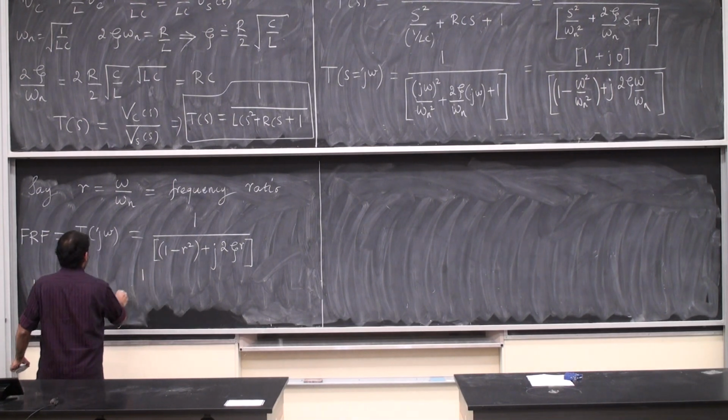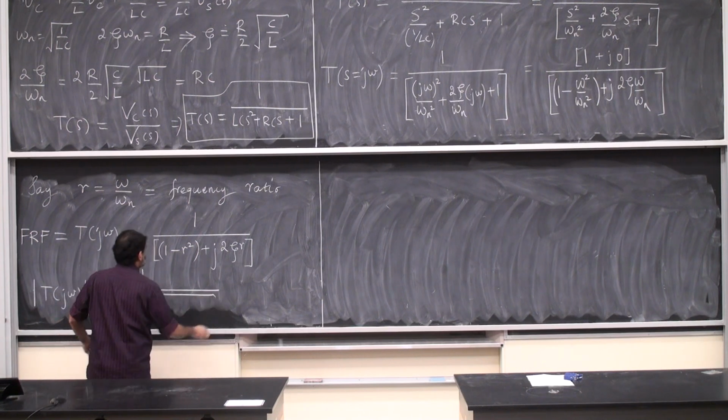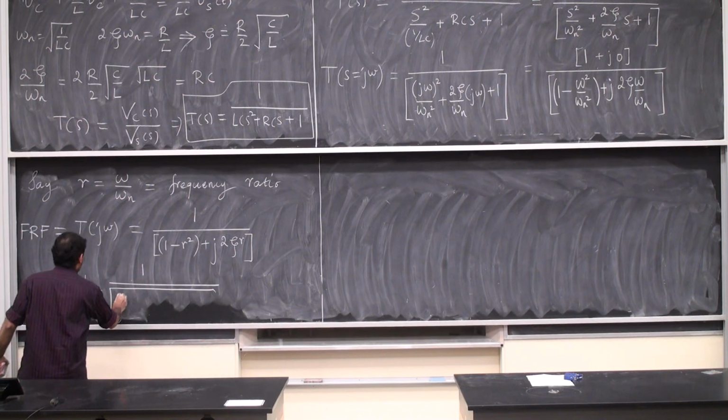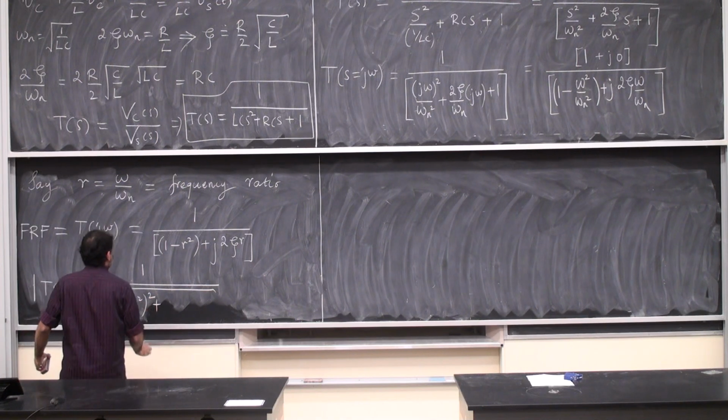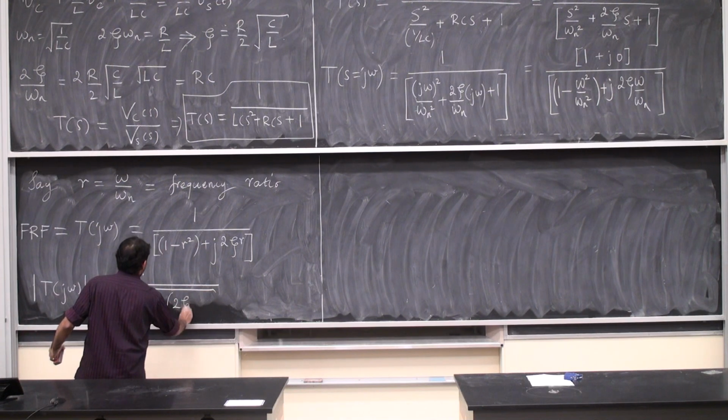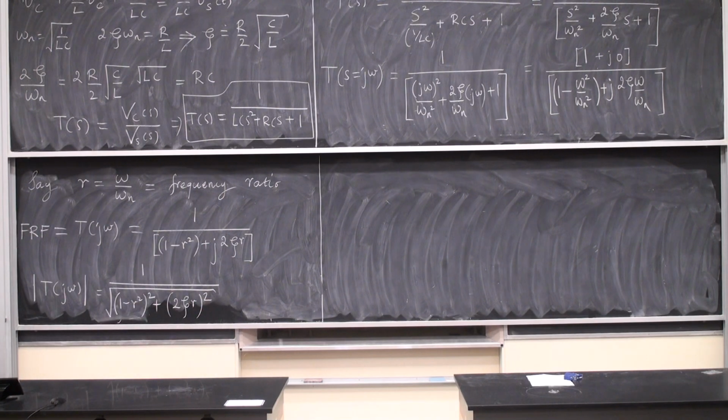So this is 1 over the square root of the real part square and the imaginary part square. Okay, what's the real part? The real part is 1 minus r square, so square of that. And the imaginary part.